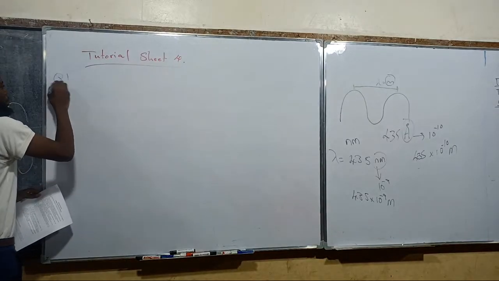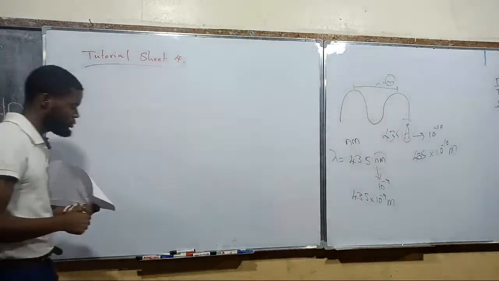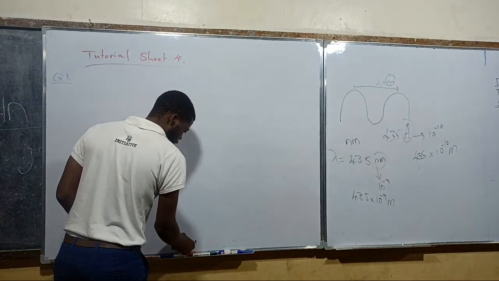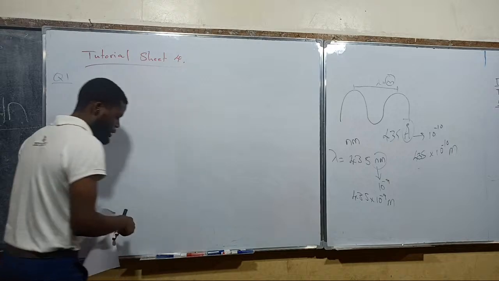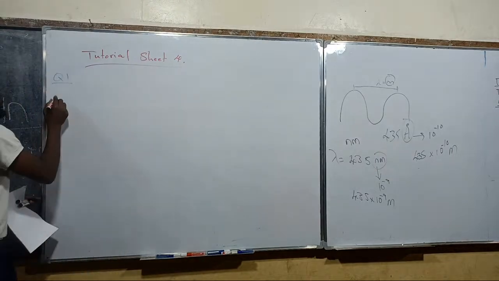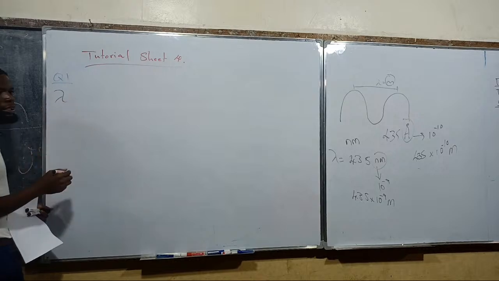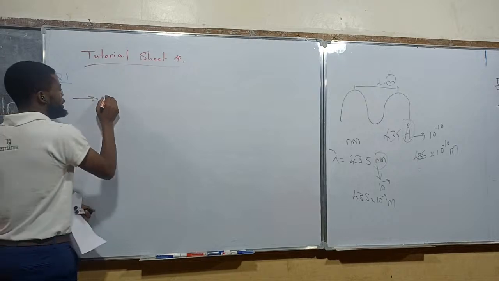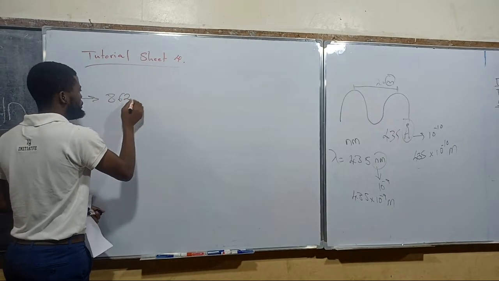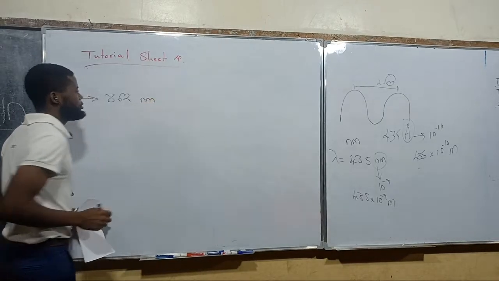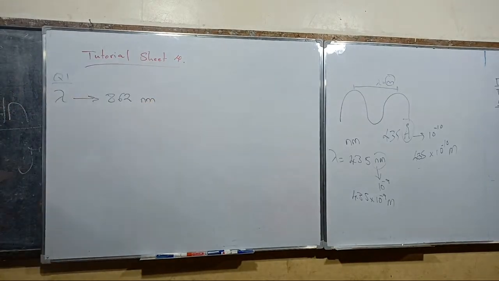The wavelength is denoted by the lowercase Greek letter lambda, and it has been given to be 862 nanometers.